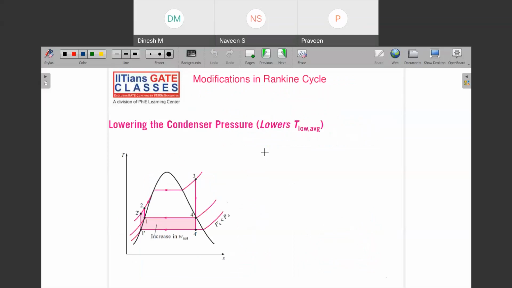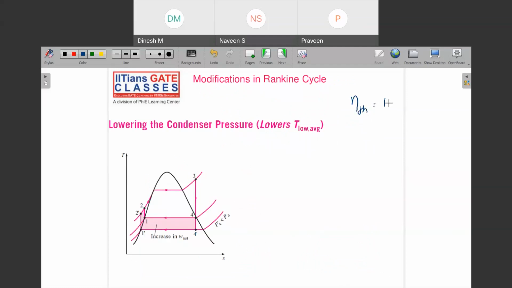Now let us try to find out the modifications in the Rankine cycle, to see if I can find some change in heat input or even a change in efficiency. So in order to find out the change in efficiency, what is your thermal efficiency first?